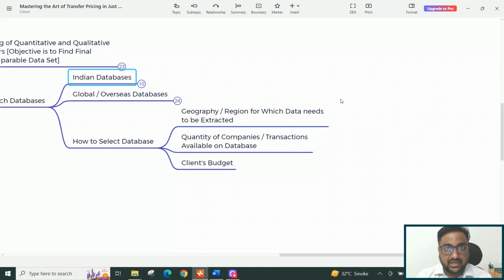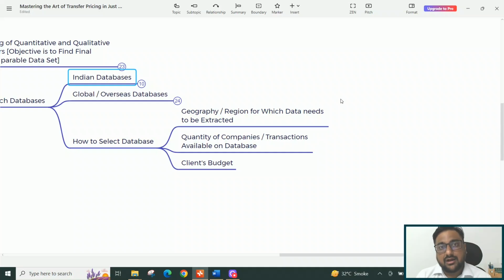That is also one of the relevant factors when you select the database. And the third and the most obvious factor is the client's budget. If the client's budget is not so much, then you need to select the database which is more affordable to the client, also in the pockets of the client as well. So you need to consider that part also when you select the database.